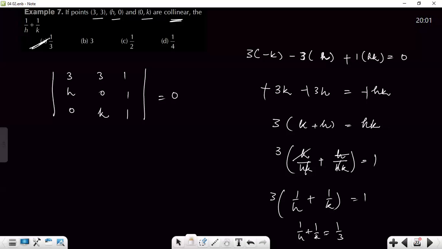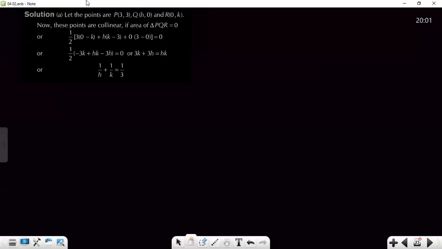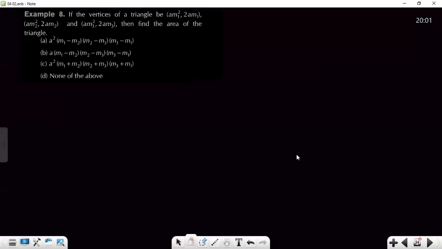Let's take one more example. In this example, it is given that the vertices of a triangle are (am1 square, 2am1), (am2 square, 2am2) and (am3 square, 2am3).